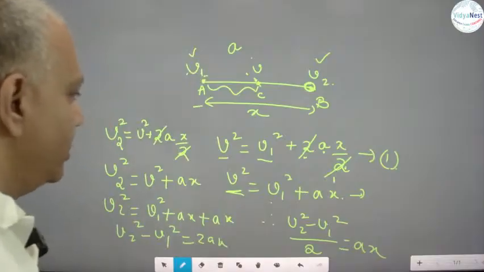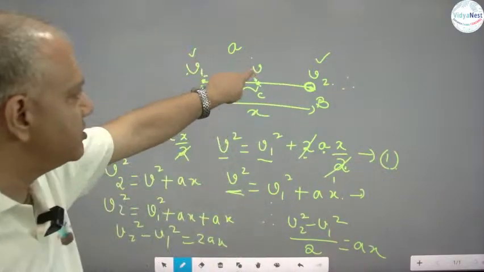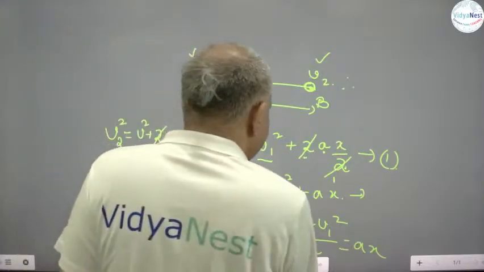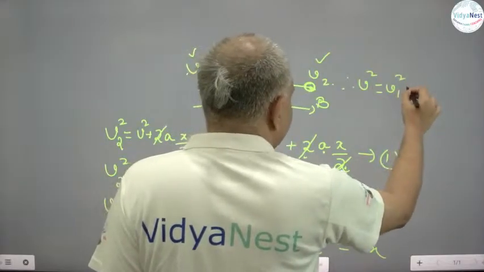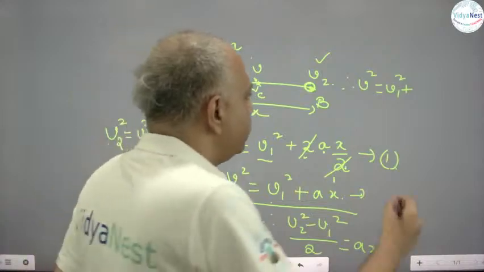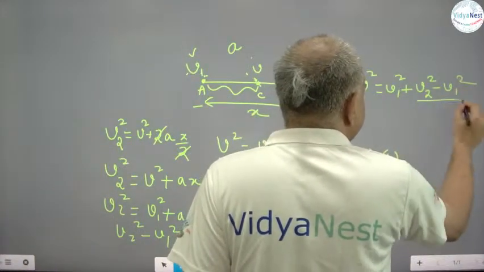Now we want to find the speed, the velocity, at the middle position. The equation is already known: v square is equal to v1 square plus ax. Instead of writing ax, we put the value v2 square minus v1 square divided by 2.